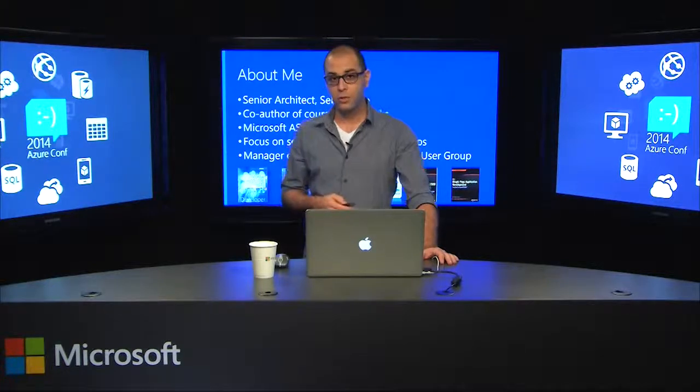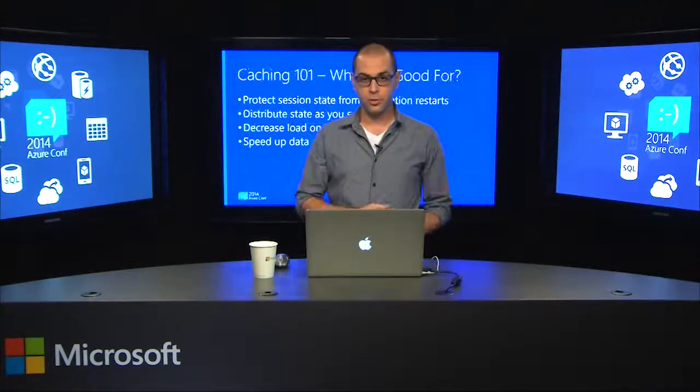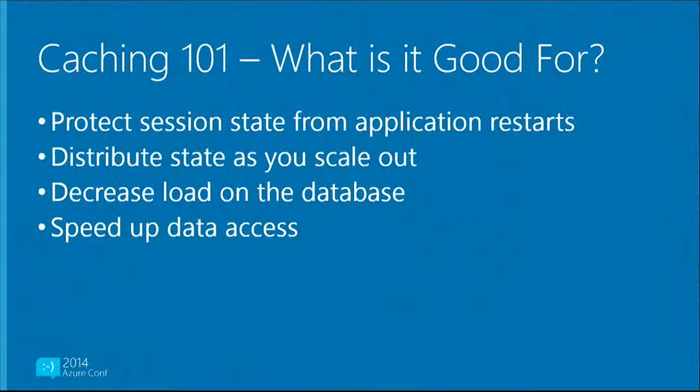So in this session, we're going to talk about different caching solutions. The first thing I want to make clear is why we actually need caching, not necessarily in Azure, but generally, why do we use cache? First of all, when we use web applications, for example, we have state, whether it's a session state or state that we save inside our application cache.